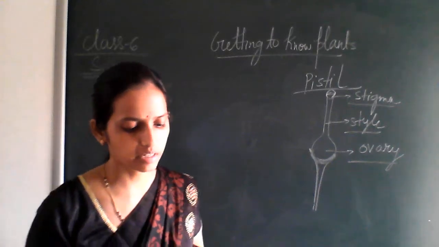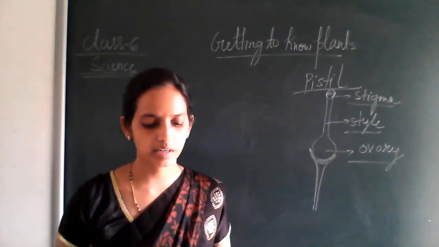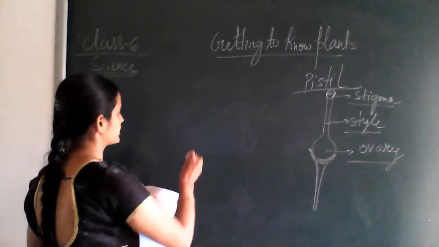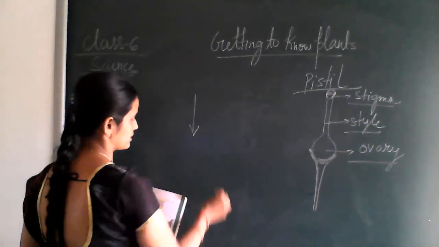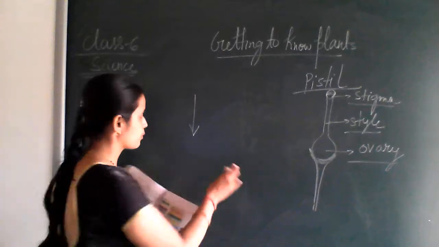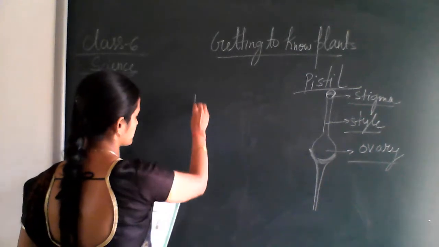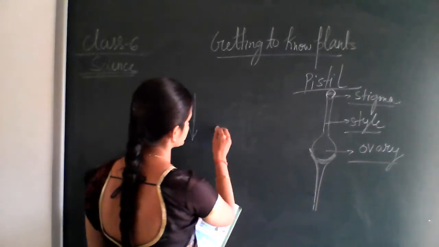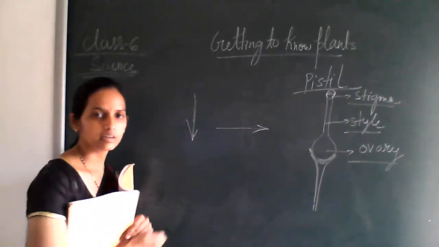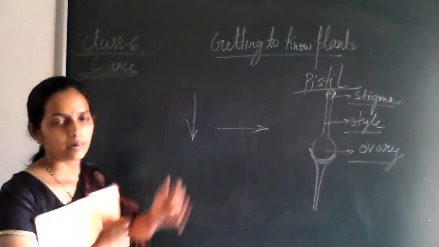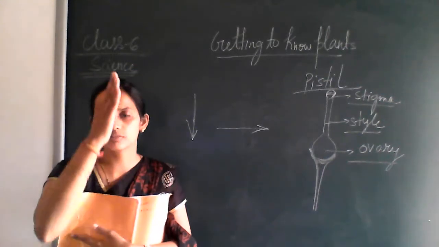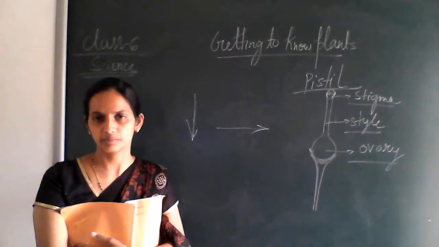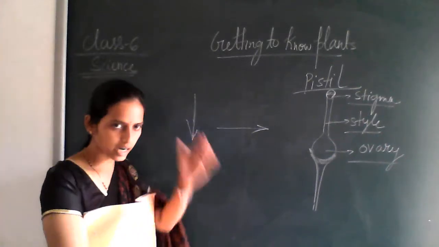Cutting an ovary: a longitudinal cut and a transverse cut. A longitudinal cut means in this direction, a standing position, right? And transverse is horizontal, like this. A straight cut in the standing position is a longitudinal cut.